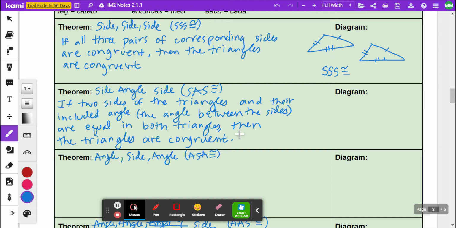Here's a diagram of that. So we're going to have two triangles with two pairs of congruent side lengths and the angle between them, the included angle, that's a key feature of this one. We have side, angle, side congruence.